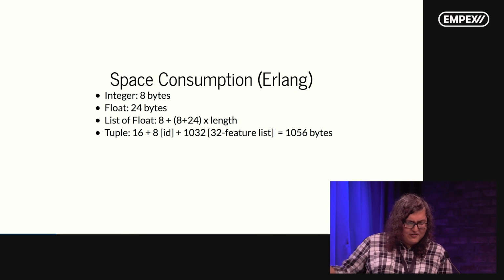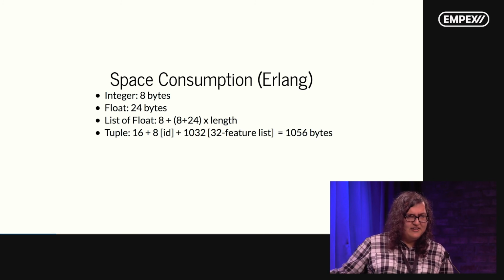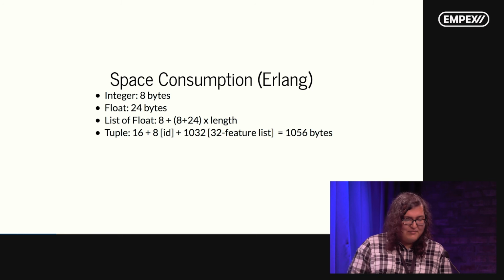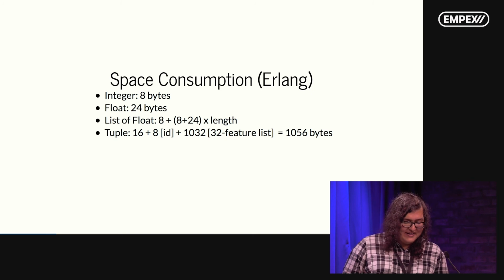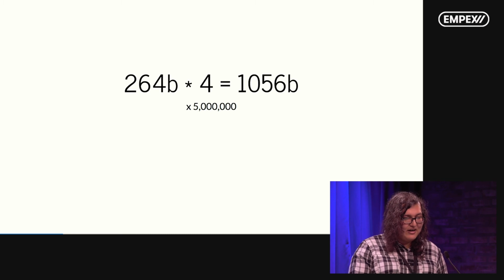And if we do the same for Erlang, it's actually well documented in the Erlang manual how much each data type consumes. Floats take 24 bytes, and representing them in lists adds a bunch more overhead as well. And we end up with almost a 4 times inflation on our data.